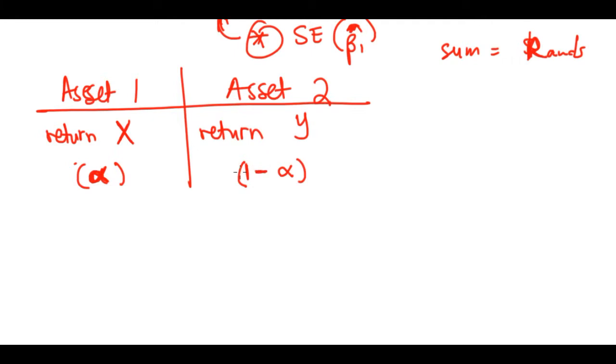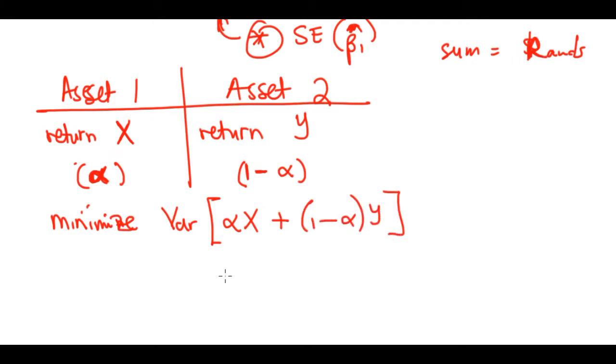Since there's variability associated with the two returns on these two assets, we want to choose alpha to minimize the risk, or the variance, of our investment. That is, minimize the variance of the return that we get from that fraction that we put in asset number 1, plus the return that we get from putting the remaining fraction in Y. Of course, we don't want it to vary that much.